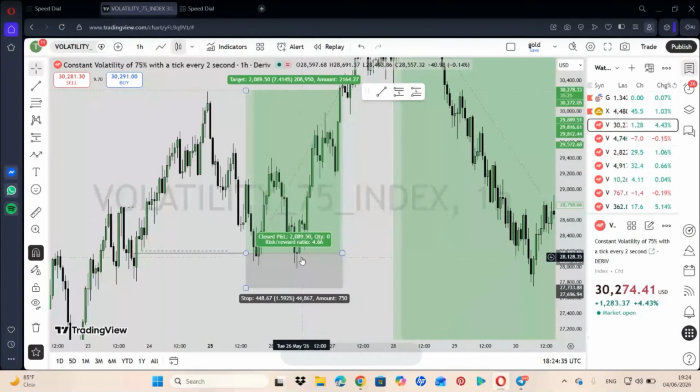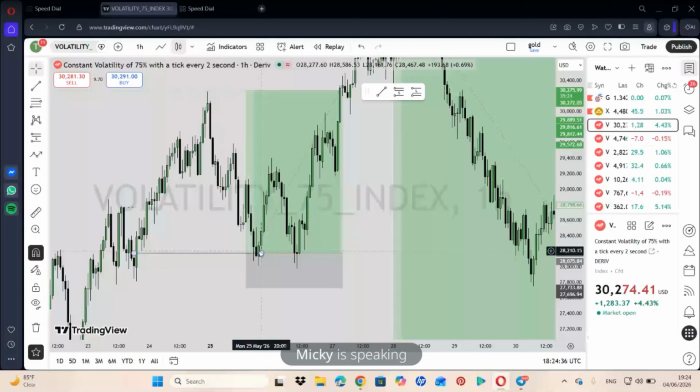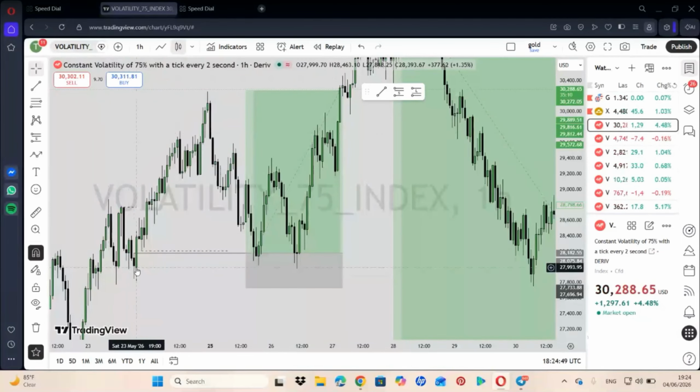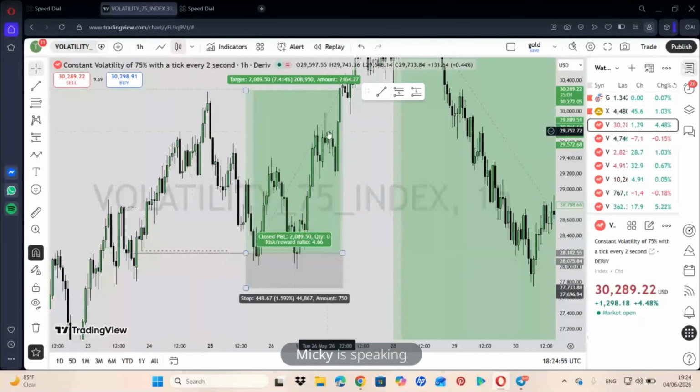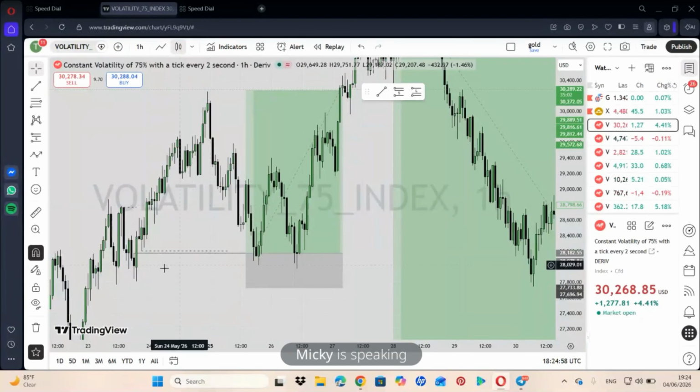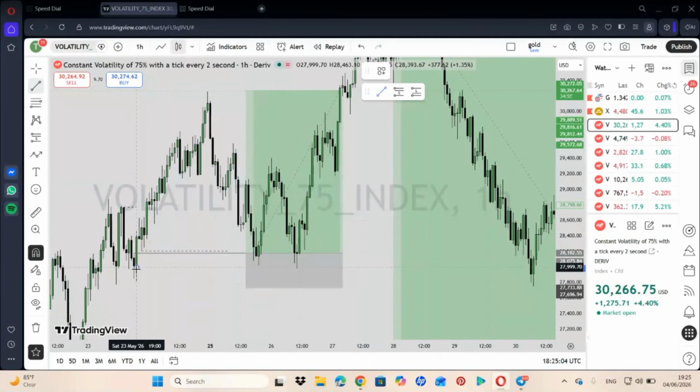With basic market structure in a bullish scenario, only the highs get taken out. The lows don't get taken out. This is a low, this is another low, this is another low. If you want to mark it, you'll notice that each of these lows did not get taken out.